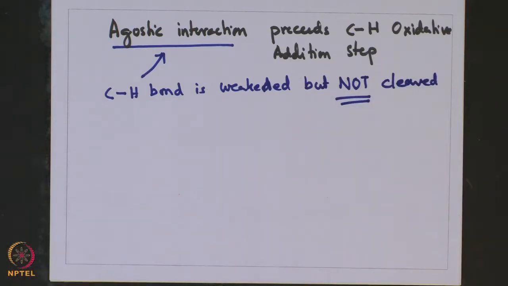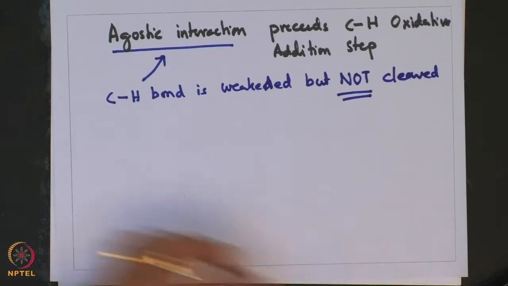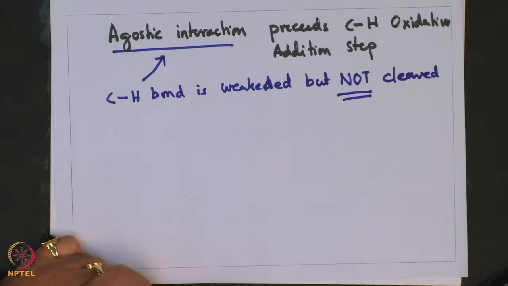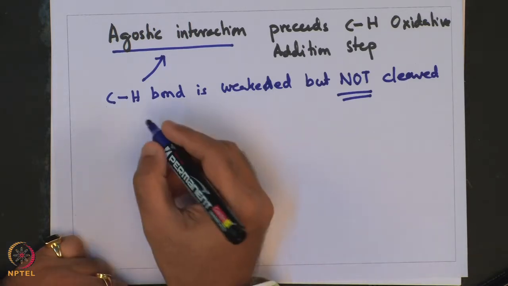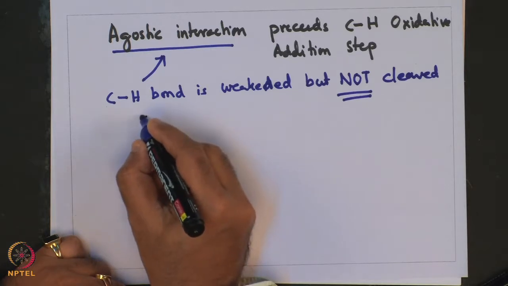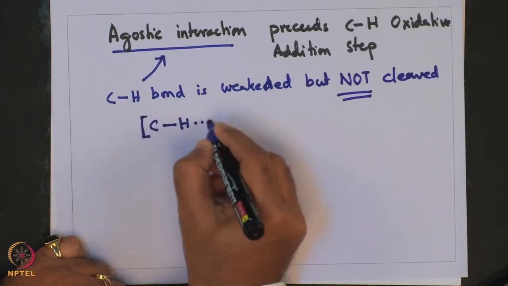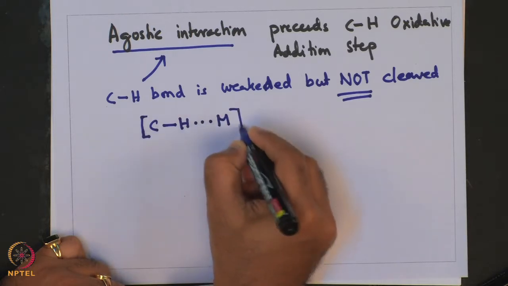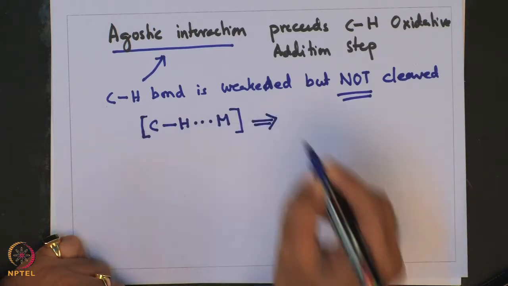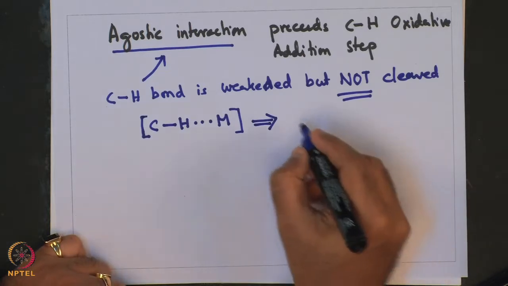So, this is a very interesting interaction which weakens the CH bond and does not cleave it completely, and hence agostic interaction is often represented by the following, implying agostic interaction.